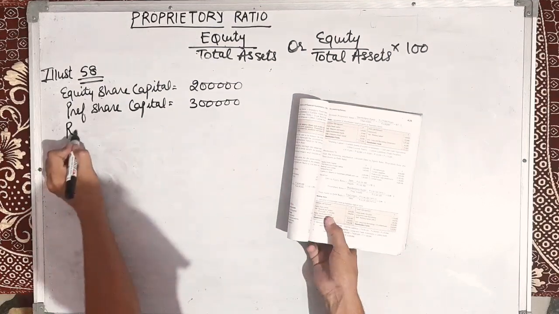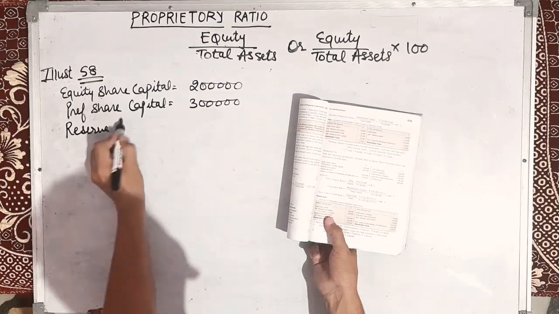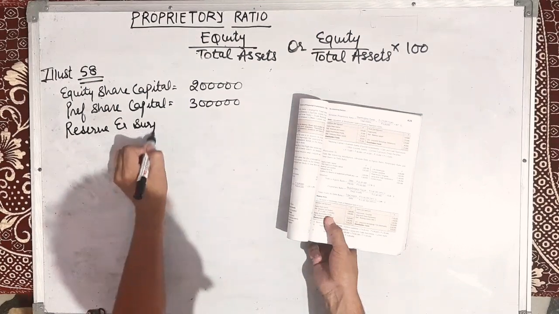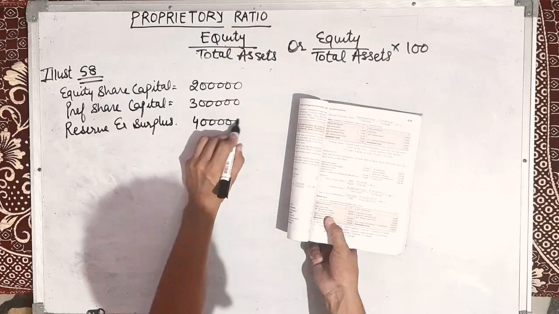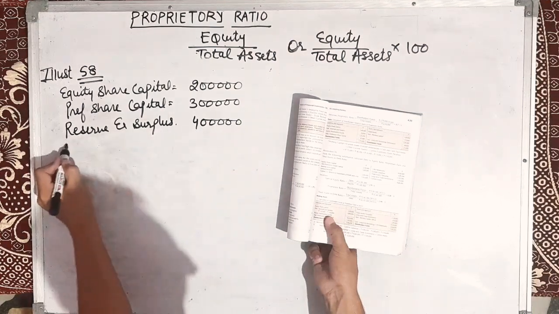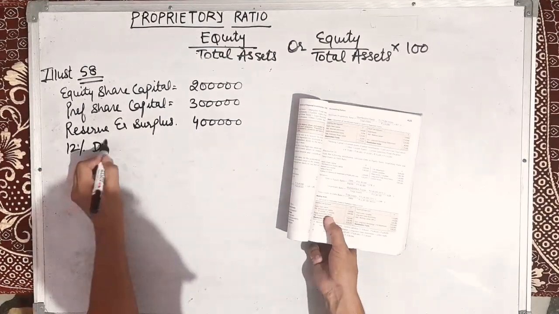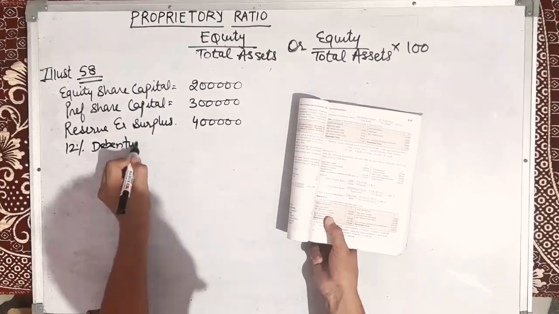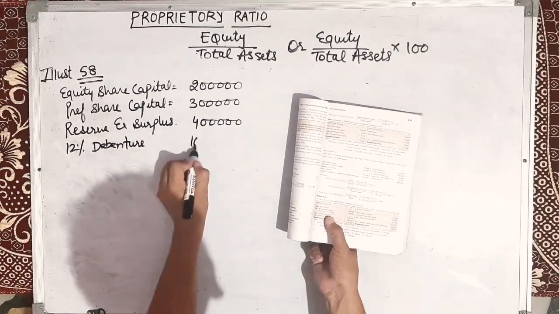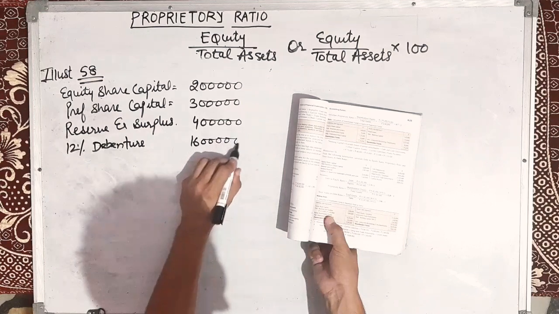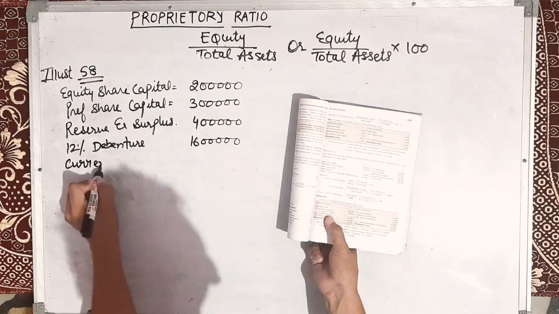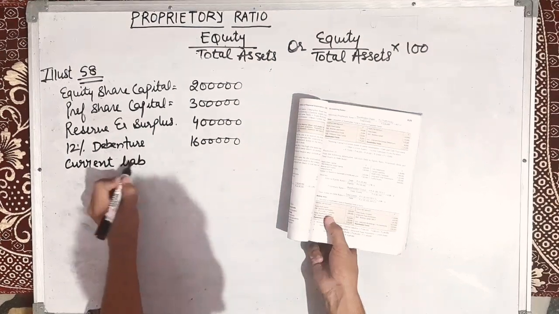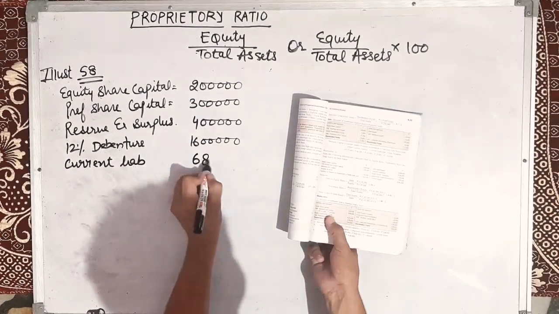Reserve and surplus is equal to 4 lakh. 12% debenture is equal to 16 lakh. Next is the current liabilities, that is equal to 6,80,000.